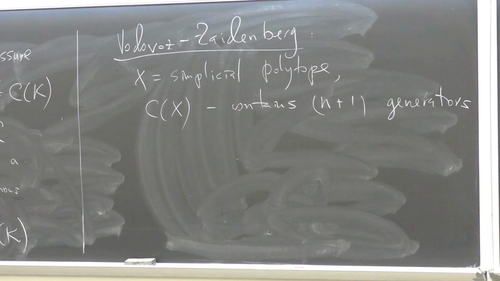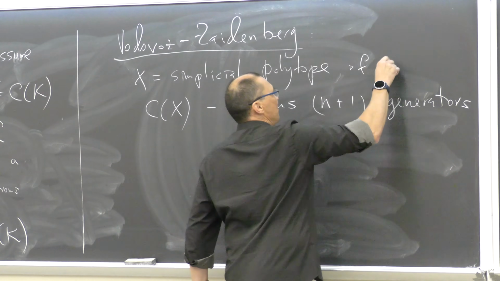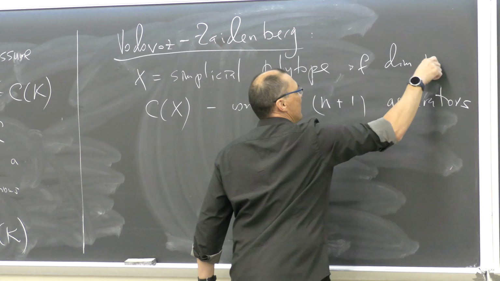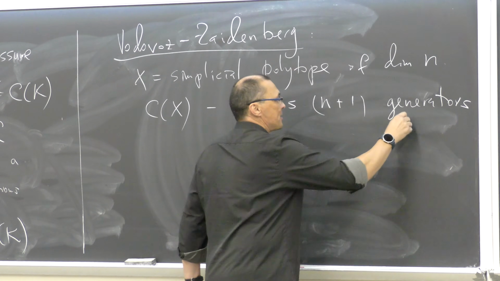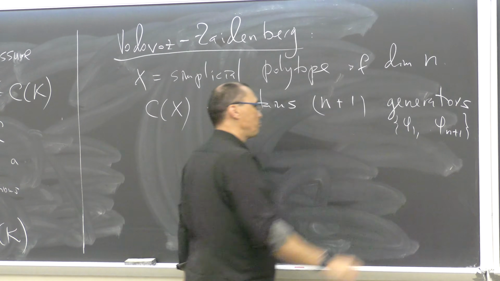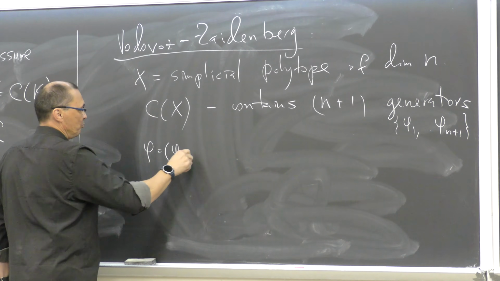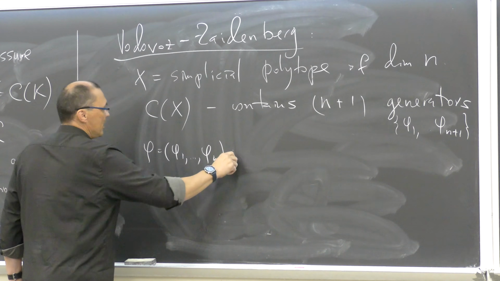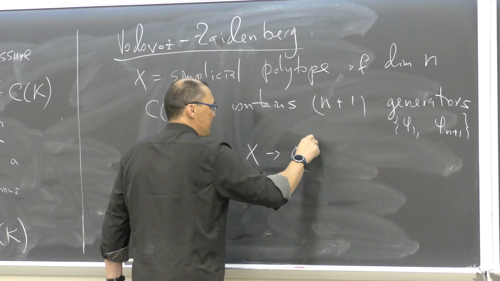Is n the dimension of the polytope? Yes, sorry, I forgot to mention. Of dimension n. And so if we call these generators phi1 to phi n+1 and construct a map phi, then we get a map from X into Cn+1.